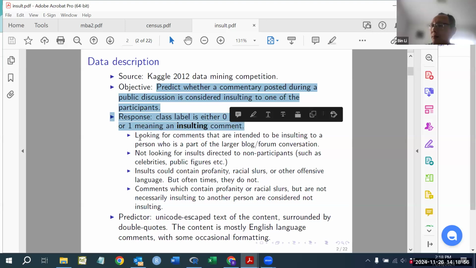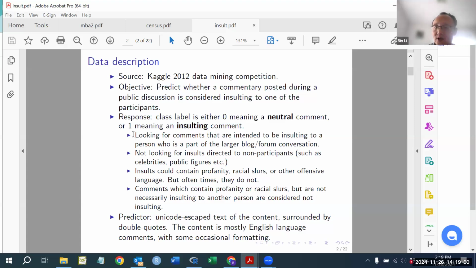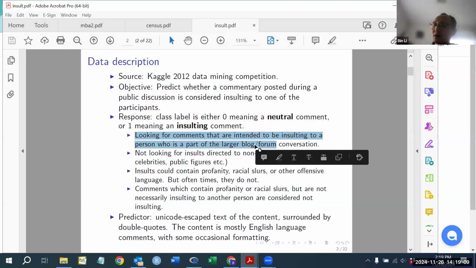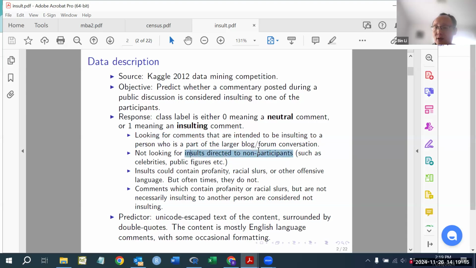But here there are some more explanations on what is insulting and what is a neutral comment. We are looking for comments that are intended to be insulting to a person who is part of this blog or forum conversation. So we are not looking for insults directed at non-participants, such as celebrities or public figures. Insults could come in different ways.